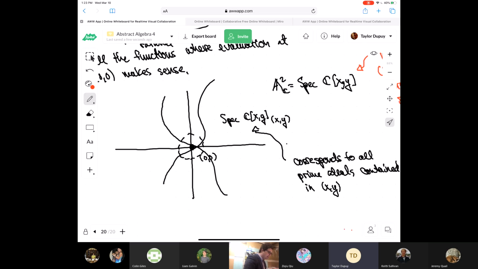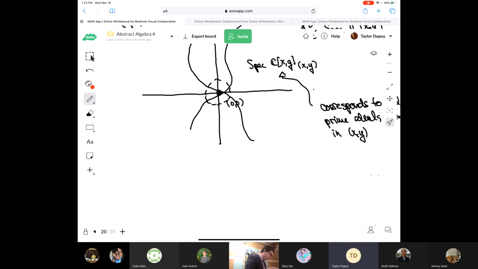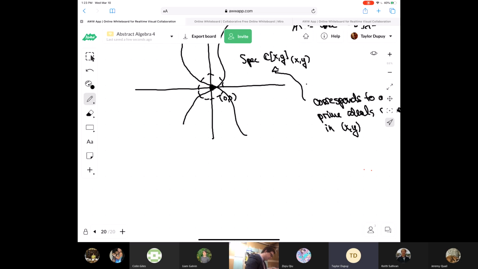Okay. Another thing that is maybe encouraging here is, so we haven't really said this at all, but a spoiler is that this thing here is a local ring, right? It has a unique maximal ideal.